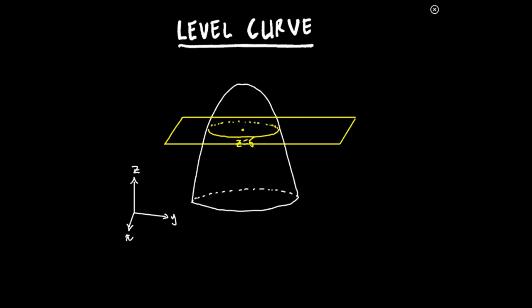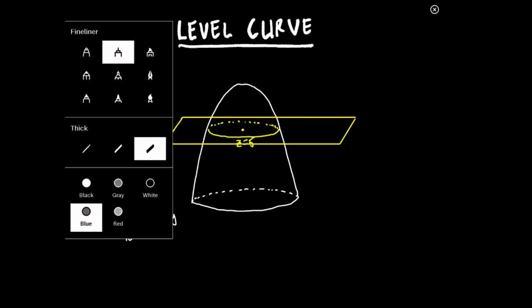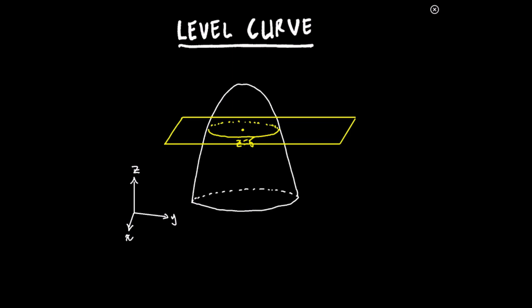If we move this plane up or down, we would get a different level curve. Say that we moved it up to, I don't know, say that this is z equals 7 up here or something. So now we have a different value that we're trying to find the level curve of.